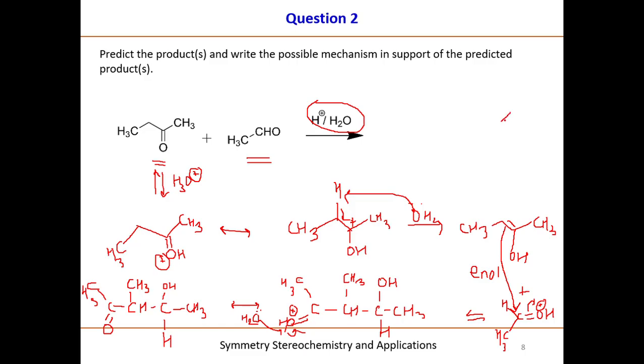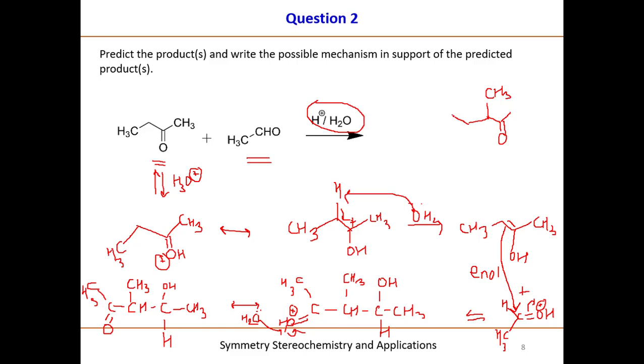Here we have CH3 carbonyl, same way carbonyl. Now here again we have CH3, this one CH3, because this carbon is going to react with this carbonyl carbon. That's why I have written in this way CH3.